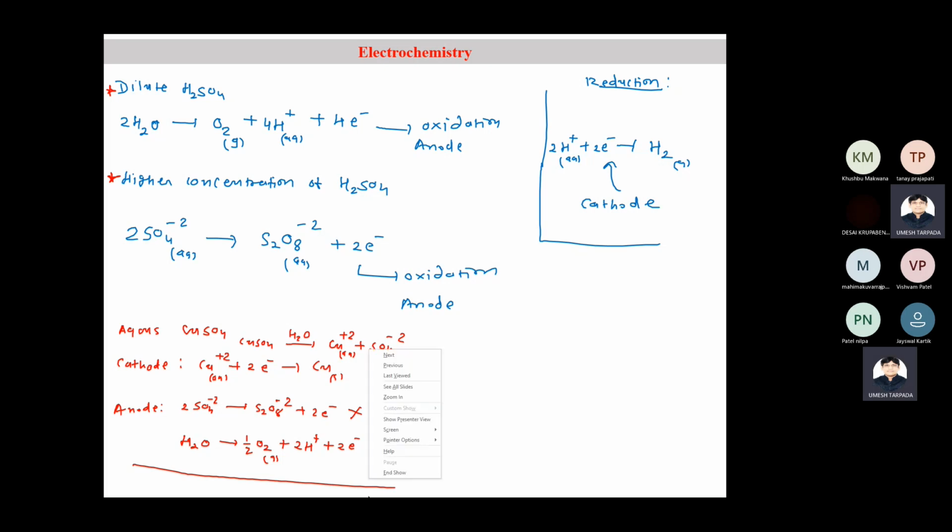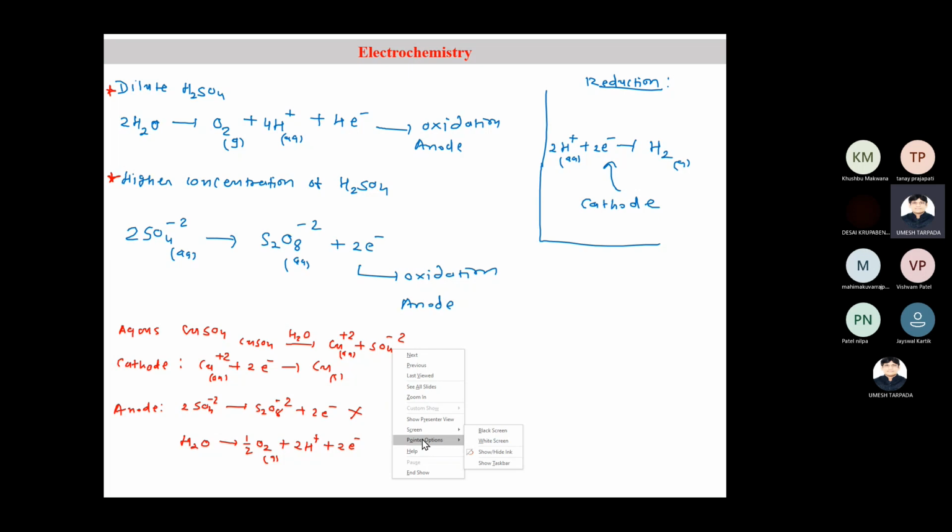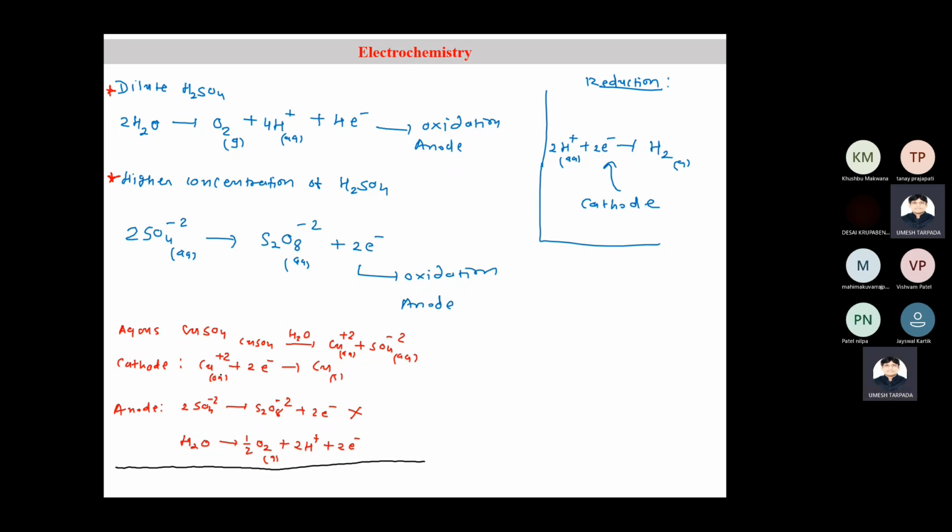So if you write down the overall reaction, what happens? In the overall reaction, Cu plus 2 cancels out on both sides.